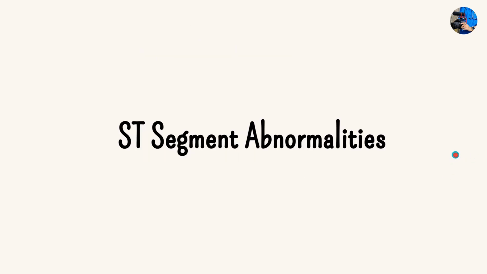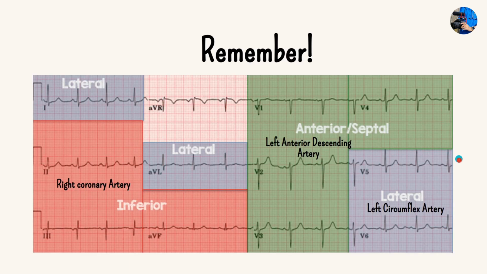Okay. Let's speak on ST segment abnormalities. So remember, first of all, from part 2, when we tried to apply our knowledge from ECG waveform into what the different parts and these different leads on an ECG are correlating to. Remember that your right coronary artery is supplying the inferior region of the heart, which is indicated by leads 2, 3, and AVF.